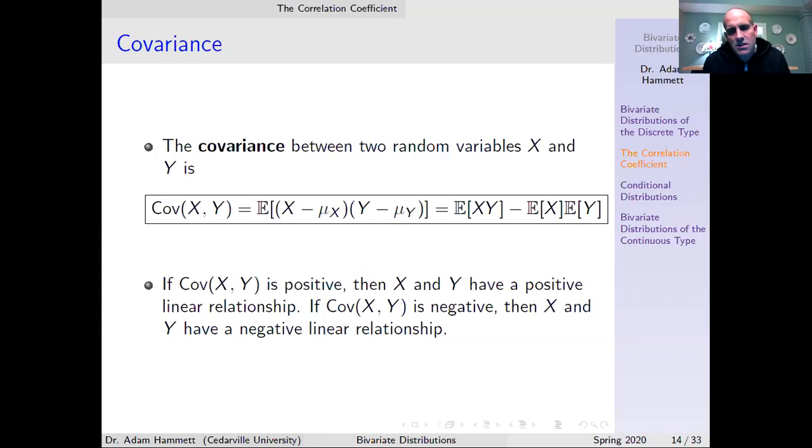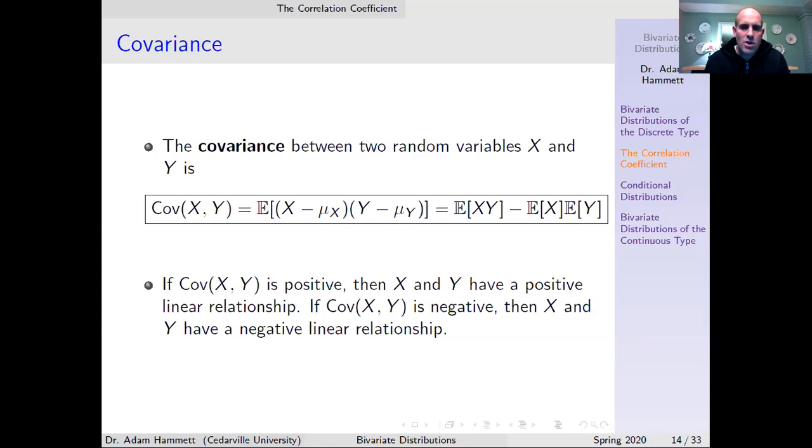Well, that means that if x is above its mean, then y is tending to do so as well, so as to make that product positive. And similarly, if x is below its mean, then y is tending to be there as well, so as to have a negative times a negative being positive. Because the overall covariance was positive, x and y are tending to reside on the same side of their respective means.